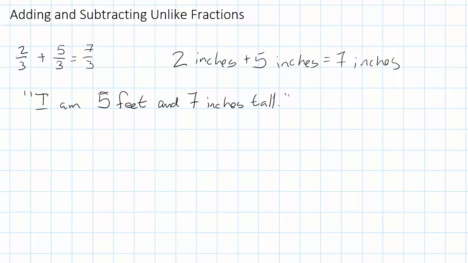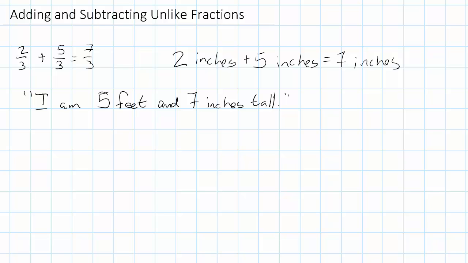That's certainly not the case, right? 5 feet and 7 inches are, in this way of understanding, like fractions with different denominators. We're comparing different kinds of things, so adding them is difficult.